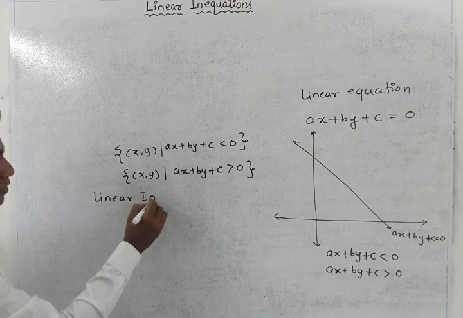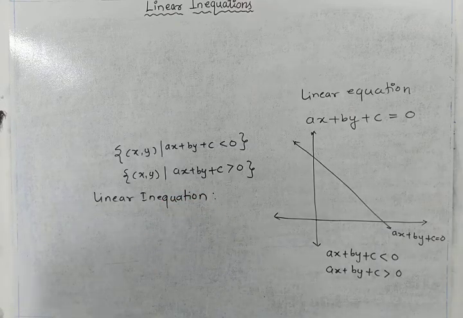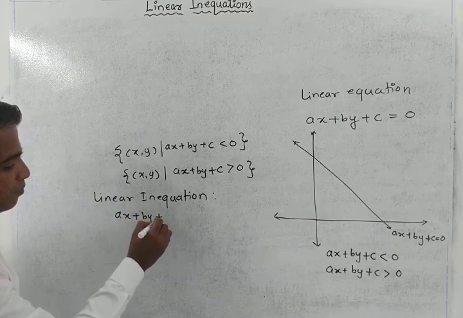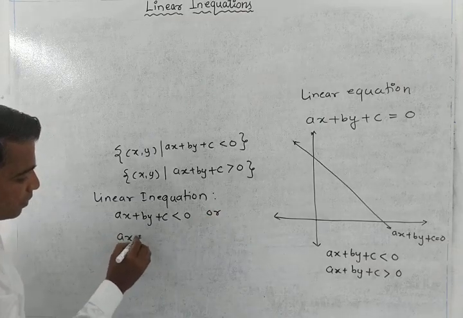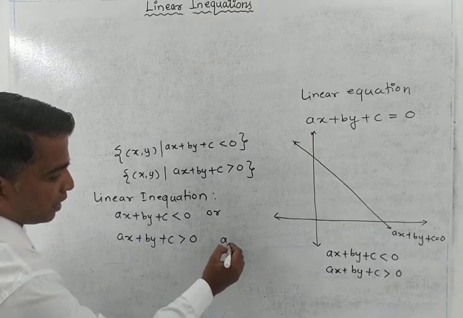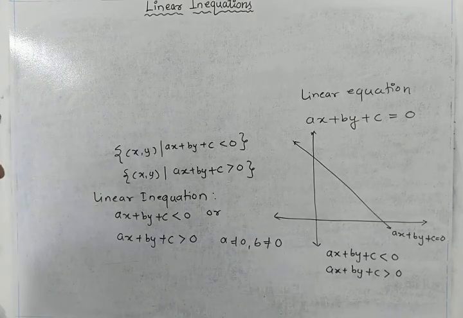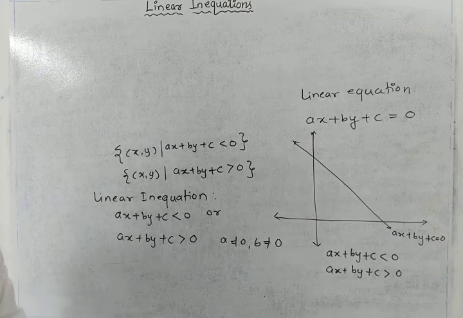So linear inequation means what? A linear inequation of two variables x and y is a mathematical expression represented by ax plus by plus c less than 0 or ax plus by plus c greater than 0, where a and b are not both 0 simultaneously, and a and b are constant terms. c can be 0, no problem, but a and b should not both be 0 at the same time.